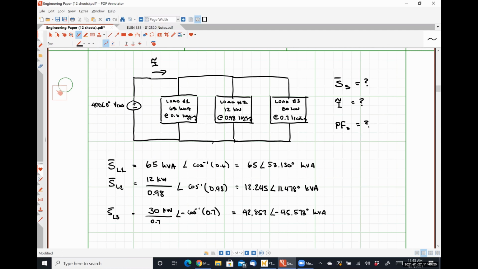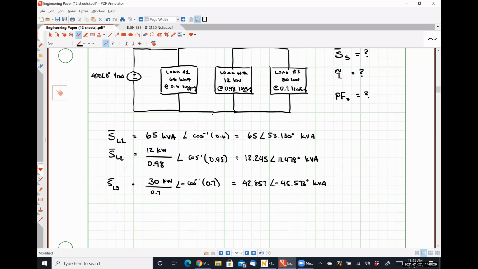All right. So now we can see that the complex power absorbed, or excuse me, supplied by the source is the same as the complex powers absorbed by load 1, load 2, and load 3 combined. So if I add these numbers together, give me just a moment.